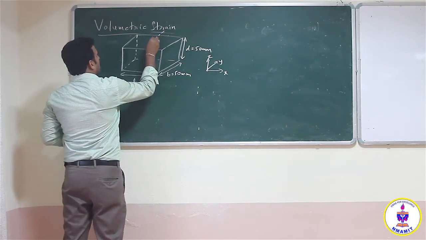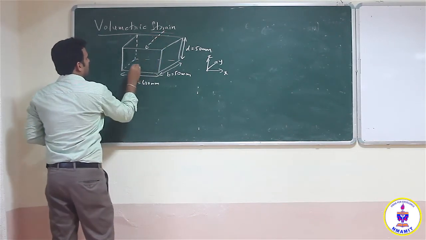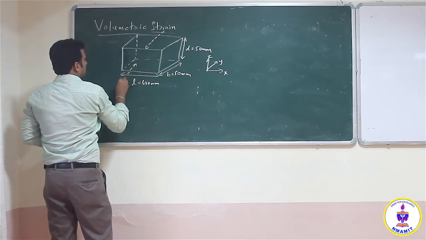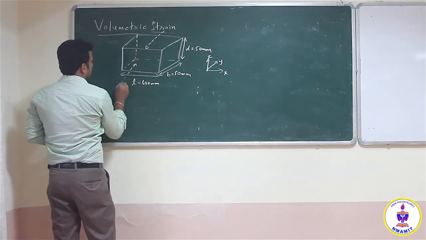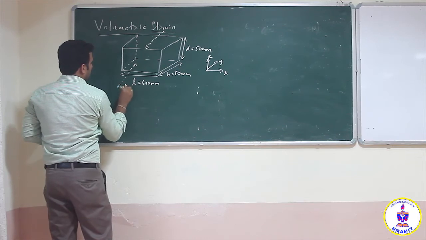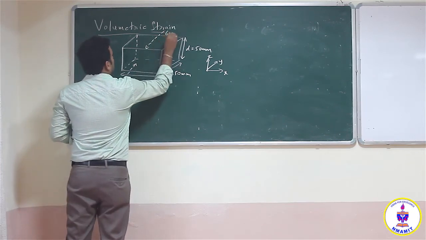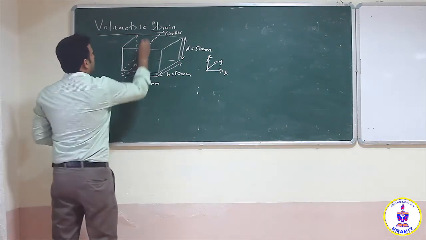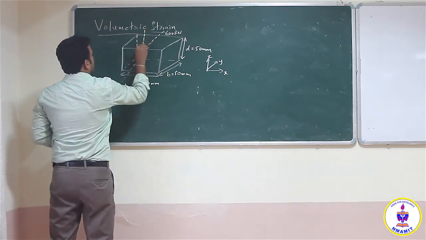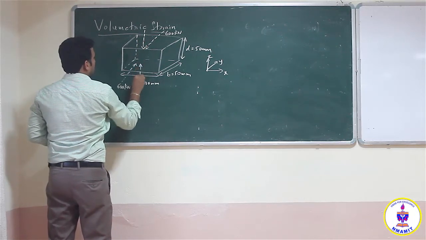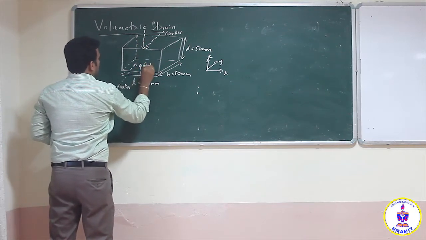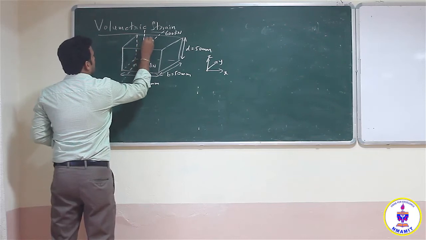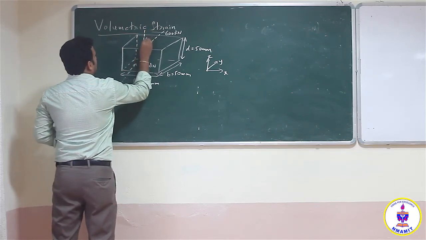So we can show along Y direction it is 600 kN. One more is along Z. This is also 600 kN.